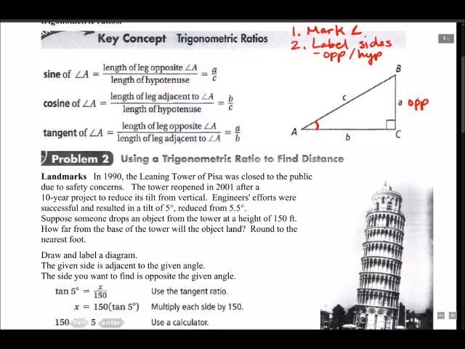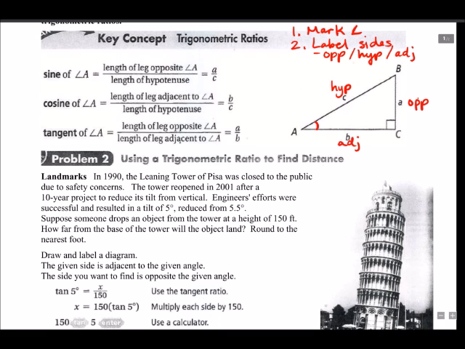The hypotenuse. We know where the hypotenuse is. And then lastly, we need the side adjacent to angle A. Now, the hypotenuse is adjacent to angle A, but it's already the hypotenuse and is already special. So we label opposite, hypotenuse, and then side B here is adjacent to angle A.